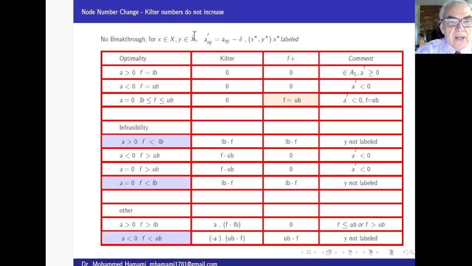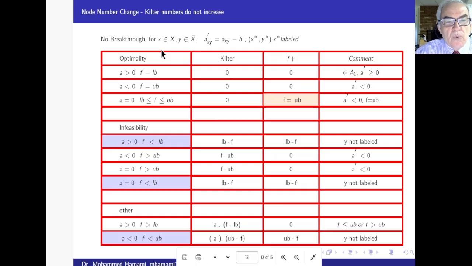And the same with X bar: the origin in X bar, the destination in X bar. For both the origin and the destination, we increase the node number by delta, so those cancel out in the formula for the adjusted unit cost. So for those types of arcs, A prime will equal A, and therefore the state of that arc is the same and the Kilter number is the same.